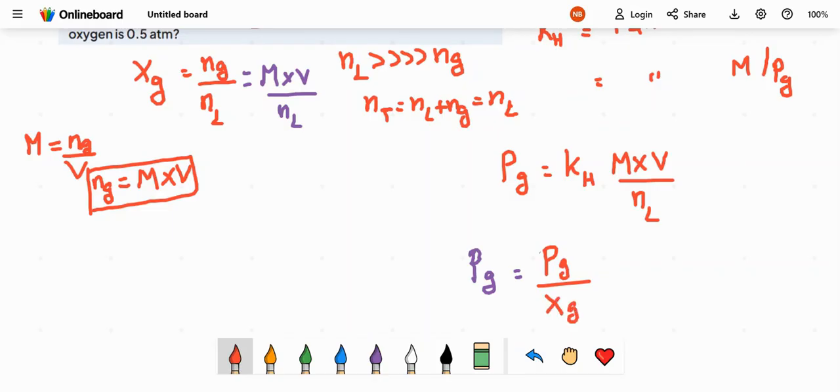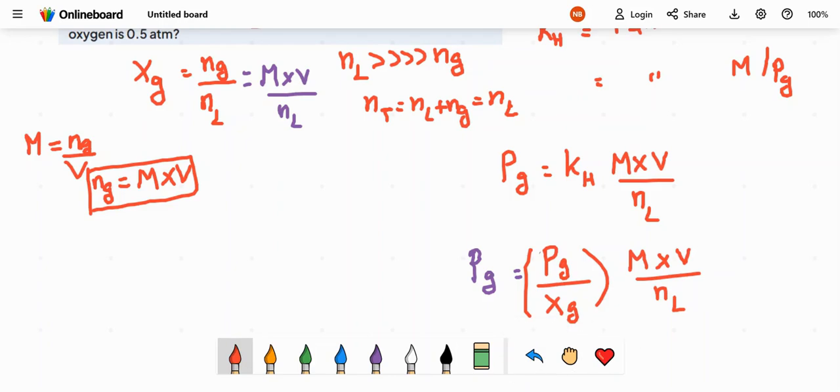This is our Henry's constant. That is what we have derived, the Henry's constant as partial pressure of the gas divided by mole fraction of that gas. Here the molarity into volume divided by number of moles of liquid solvent.